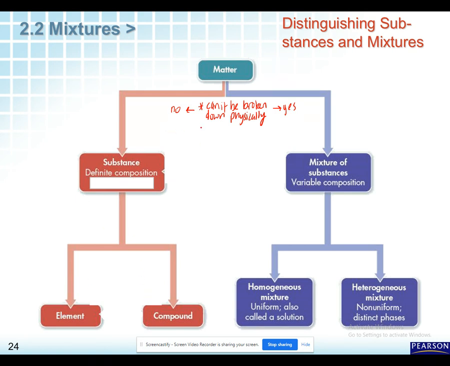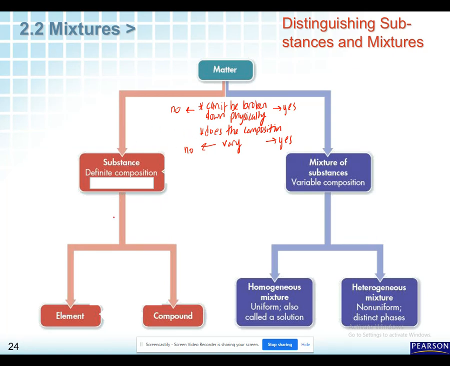Another question you can ask yourself is, does the composition vary? Again, if you say yes, you have a mixture of something, so variable composition. If you said no, that the composition does not vary, then you have a definite composition and it's a substance. So let's go over here to the left.